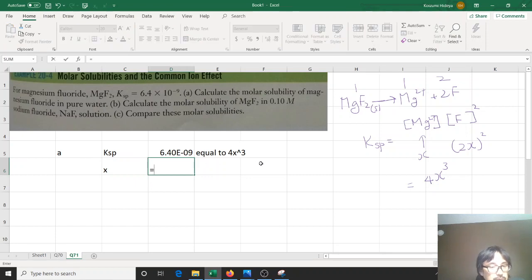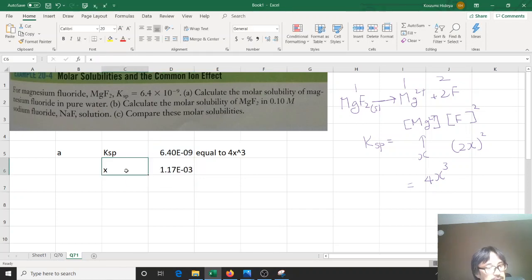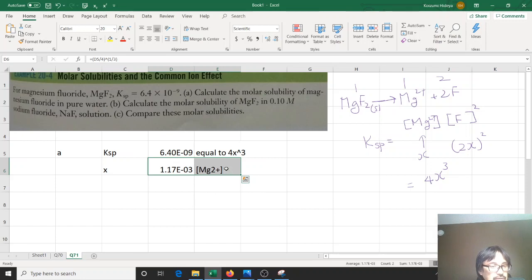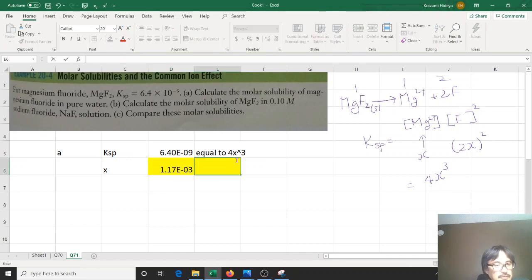It is equal to this divided by 4, and the whole thing to the power of 1/3, because I'm undoing that cube. I forgot to use the parentheses. So that's the Mg2+ concentration, or the solubility. You can consider this as the solubility of the MgF2, okay?